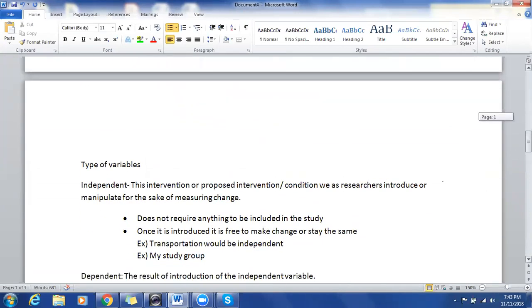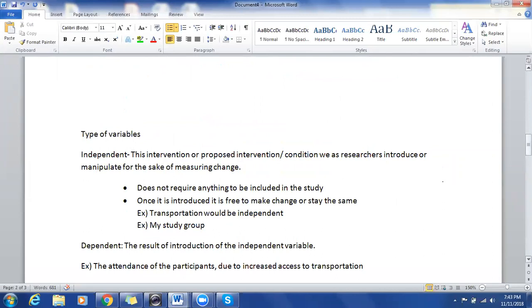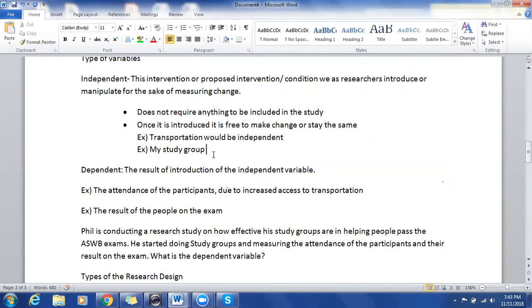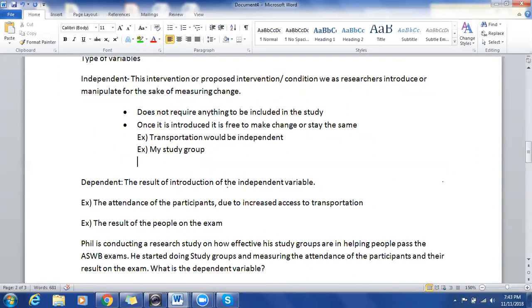And then once we get rolling down, we have the independent and the dependent variables. So for the independent variable, another example would be, let's say I developed a prep course, and anyone that's ever done a study group with me, I just offered it to them if they failed the exam 2 or more times. So I introduce a prep course, and I want to see if it helps the people that have failed more than 2 times pass the exam.